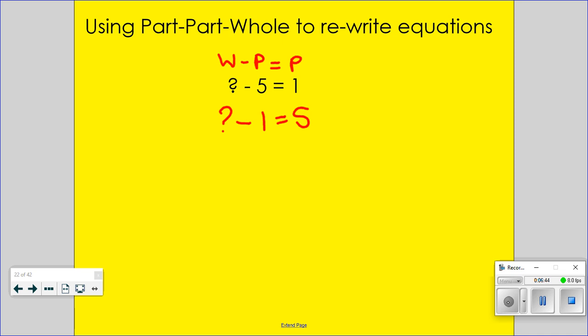What are my parts again? 1 and 5, so I might say 1 plus my other part is 5 equals question mark, my whole. Is there another equation I can do? Harper? Yeah, I can use my commutative property. 5 plus 1 equals question mark.